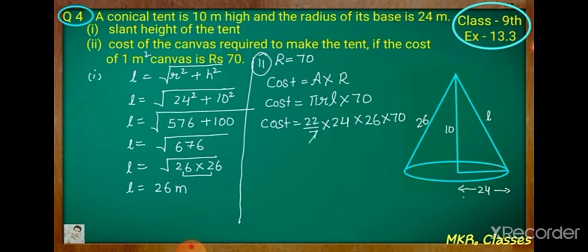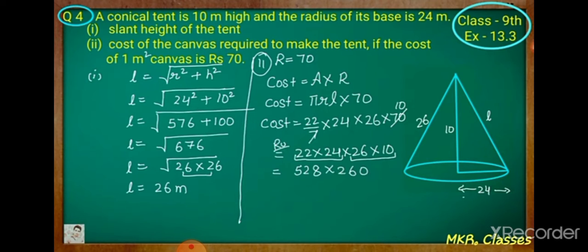70 will cut by 7, 10 times, and we multiply all the numbers which are in the numerator, 22 into 24 into 26 into 10. So after multiplying all these numbers, we'll get 22 into 24, which gives us 528, and this is 260.